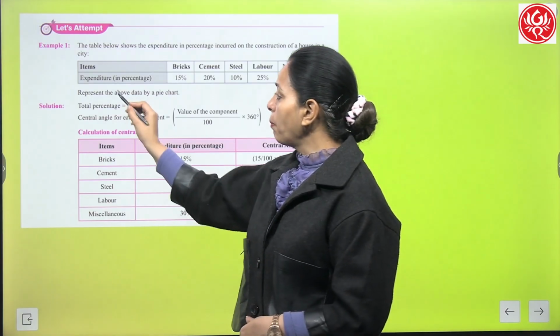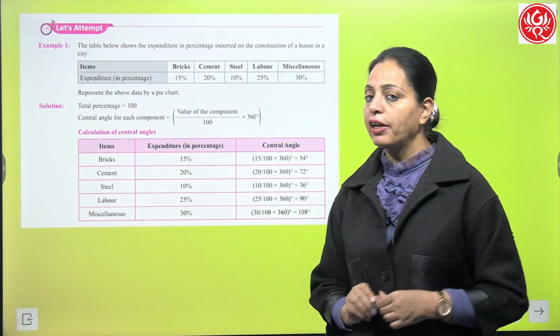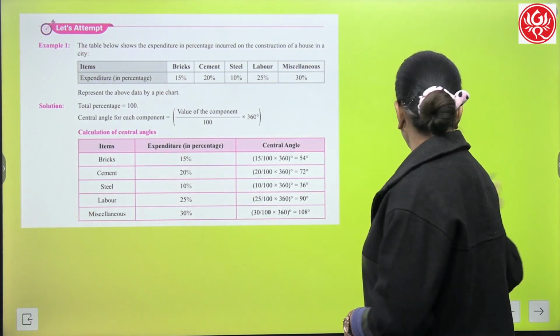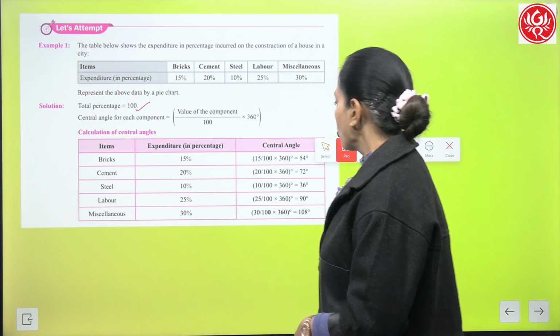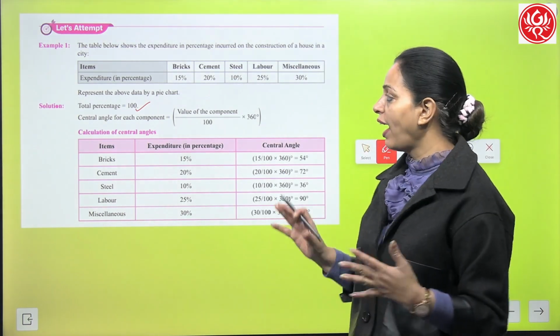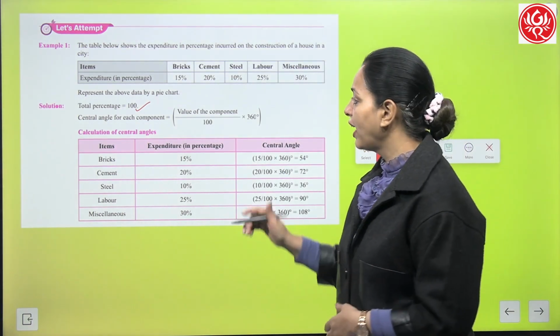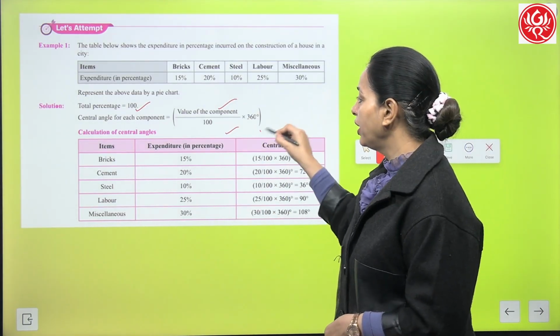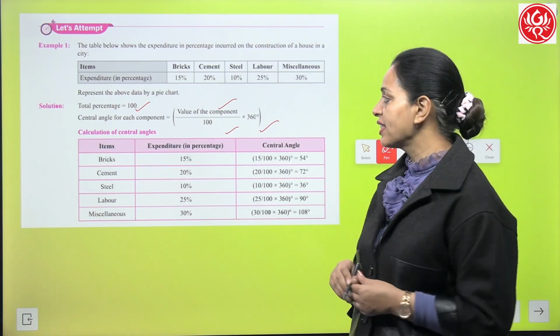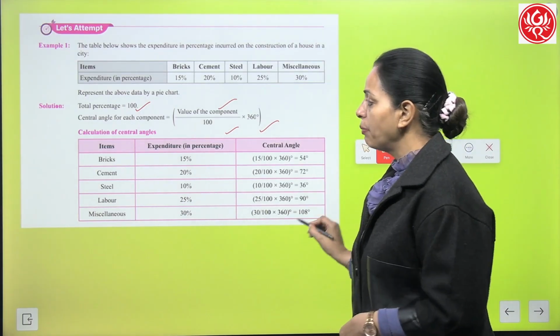So here represent the above data by a pie chart. You know very well the total percentage is 100. So how can we find the central angle for each component? That is the value of the component divided by 100 into 360 degrees.